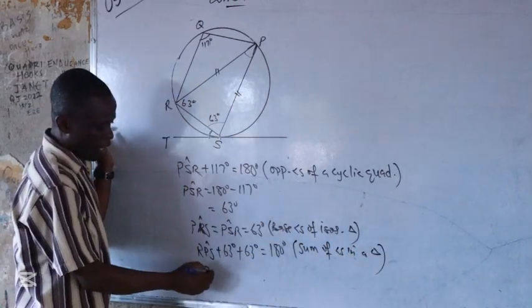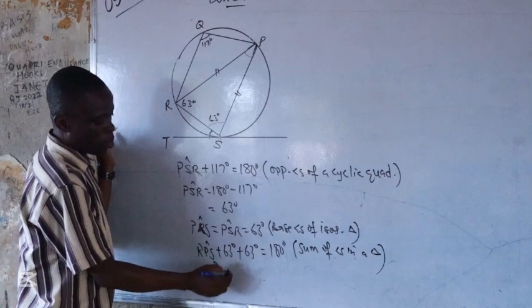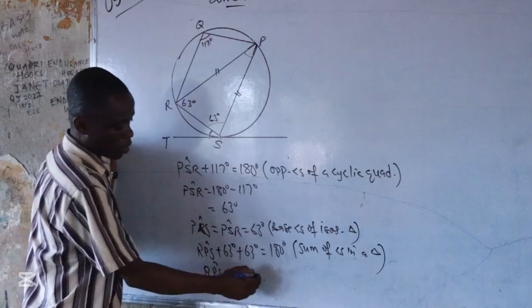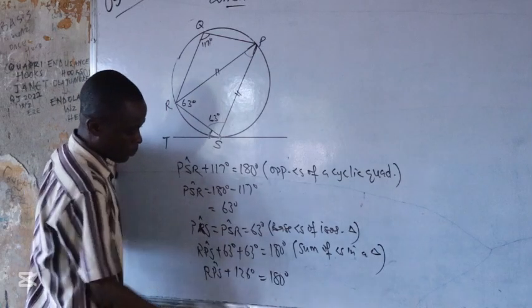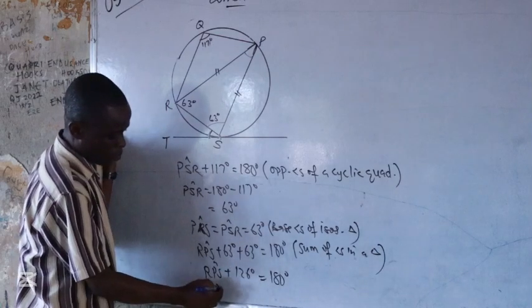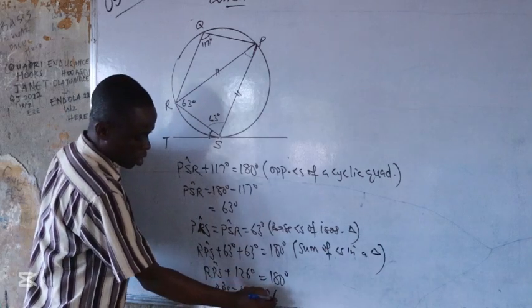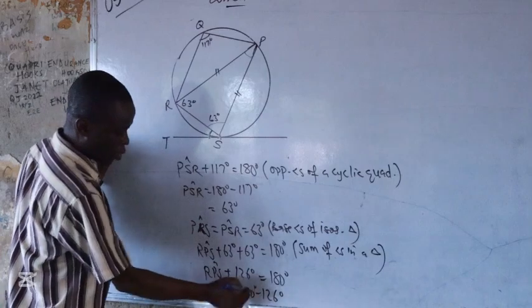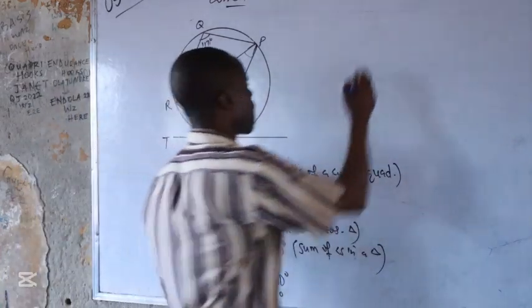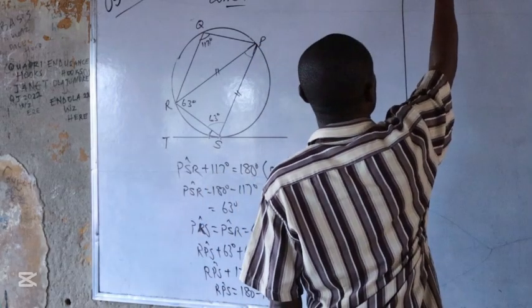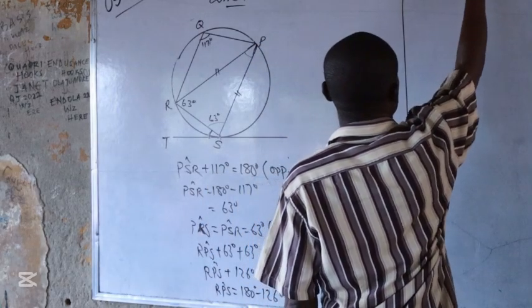So we now have RPS plus 126, since 63 plus 63 is 126, equals 180 degrees. RPS is equal to 180 minus 126 degrees. And that will give us what? 54. So RPS is equal to 54 degrees.